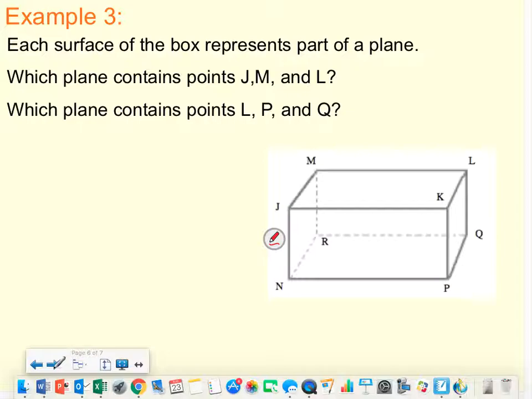Example 3, each surface of the box, we just got a regular rectangular prism, is part of a plane. So obviously they're cut off because we know planes extend forever and ever, but which plane contains points J, M, and L? Well, here's J, here's M, and here's L. And so that would be that top plane there.